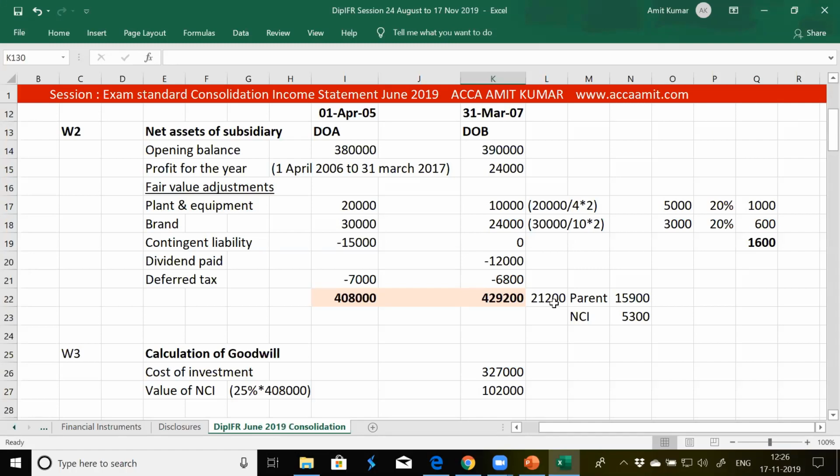We bifurcate it into two parts, that is current tax expense and deferred tax expense. Current tax is the amount to be paid to tax authorities immediately, but deferred tax is an amount which, if we are liable to pay, will be paid in future. If we are not liable to pay immediately, we include it as part of our deferred tax calculations.